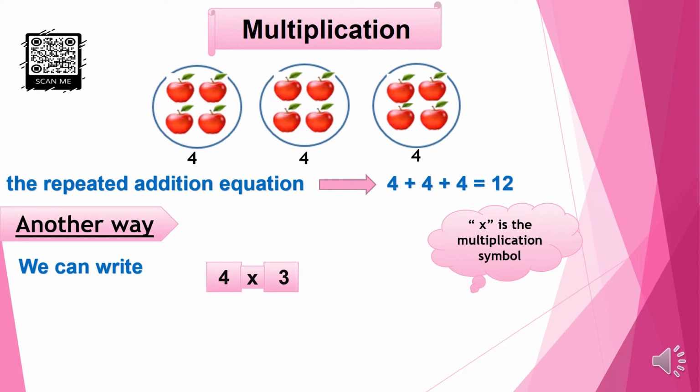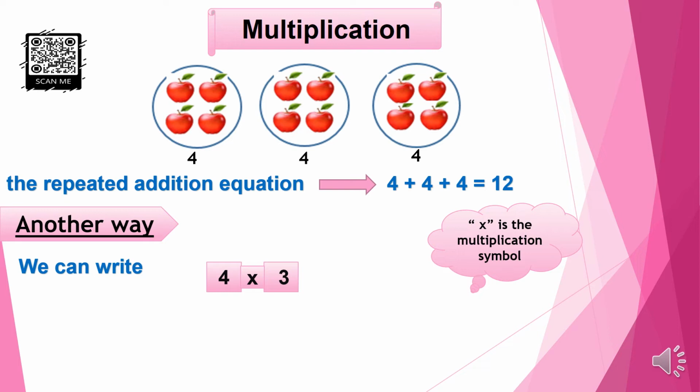Again, here I have 3 groups of apples. In each group I have 4. By repeated addition I can say 4 plus 4 plus 4. But in multiplication I know that I repeated 4 3 times. So I will write the number I repeat.